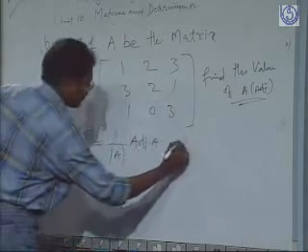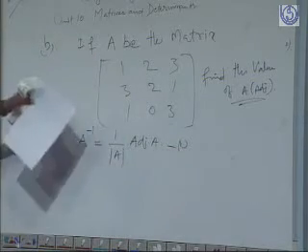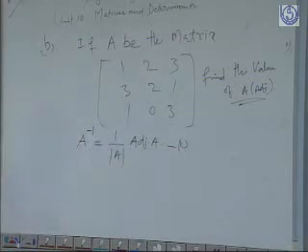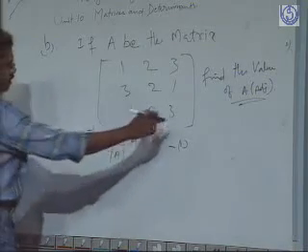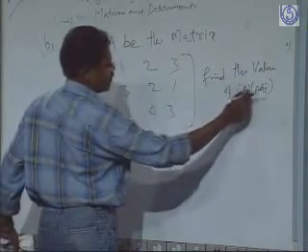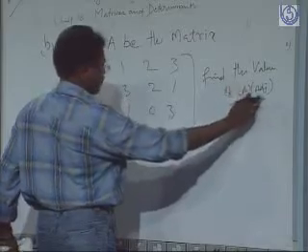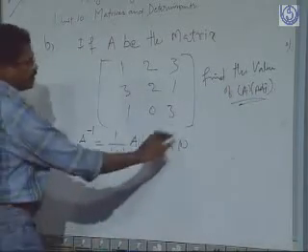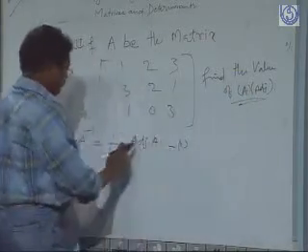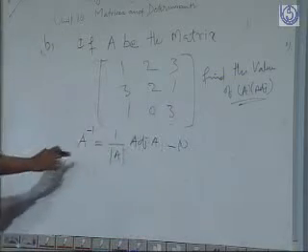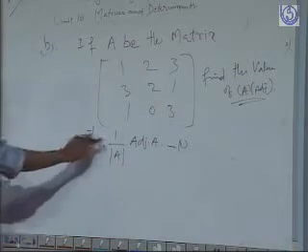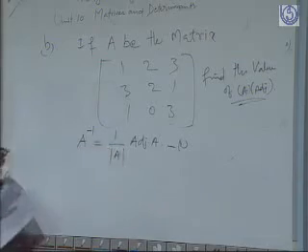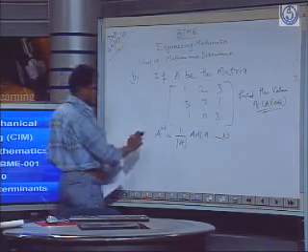If you know this formula, then we will find adjoint A. Here only A is required, so we will multiply both sides with A. A is nothing but the matrix, so the value will be the same.